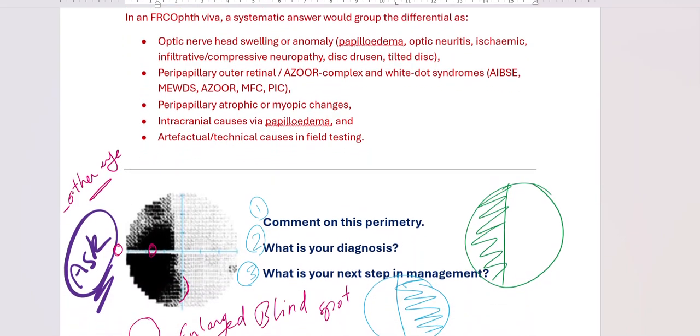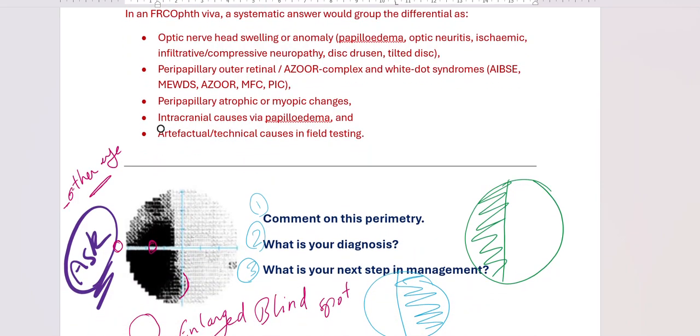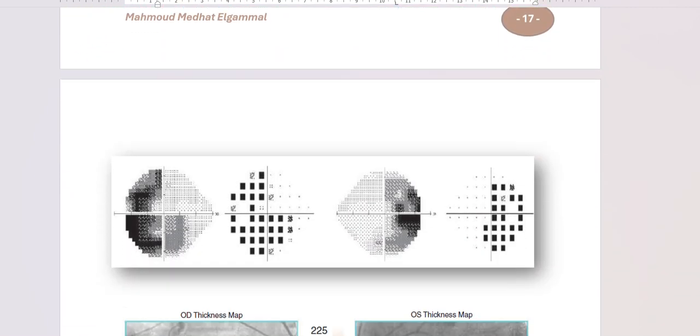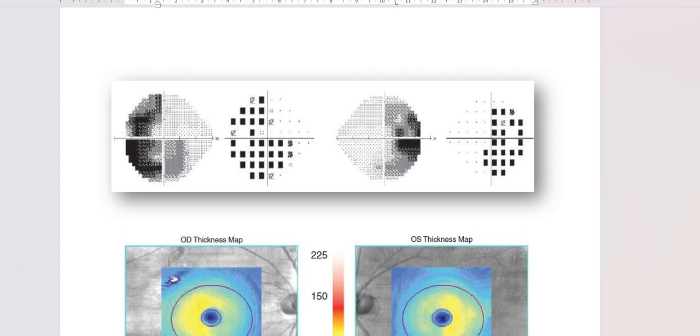So it might be disc drusen, papilledema, AZOOR complex, acute zonal occult outer retinopathy, multiple evanescent white dot syndrome, multifocal choroiditis or punctate inner choroidopathy. There might be some peripapillary atrophic or myopic changes and artifactual changes. So you need to ask. You don't need to assume anything. No need to make guess answers.